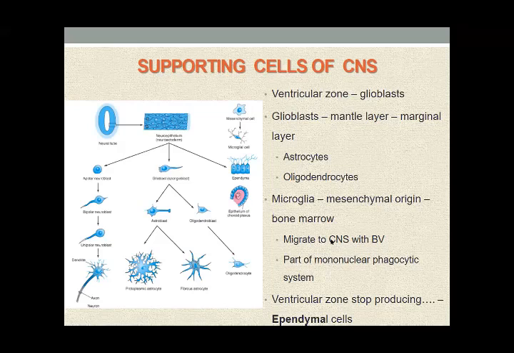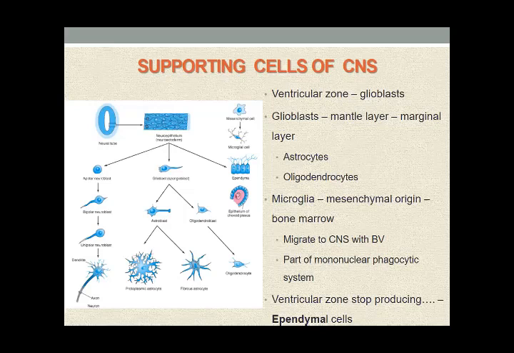So these cells only come to the nervous system after the blood vessels have developed. Earlier development में सिर्फ oligodendroblasts और neuroblasts होते हैं। Microglia come later on once the blood vessels develop. ठीक है, और आपको पता है कि it is simply a part of the phagocytic system.